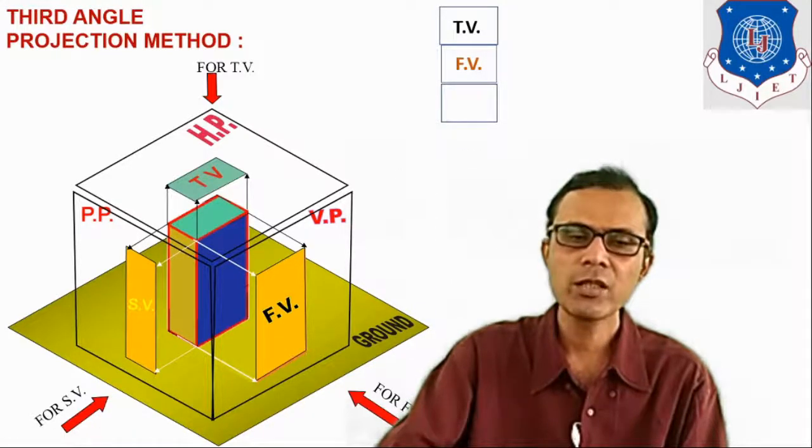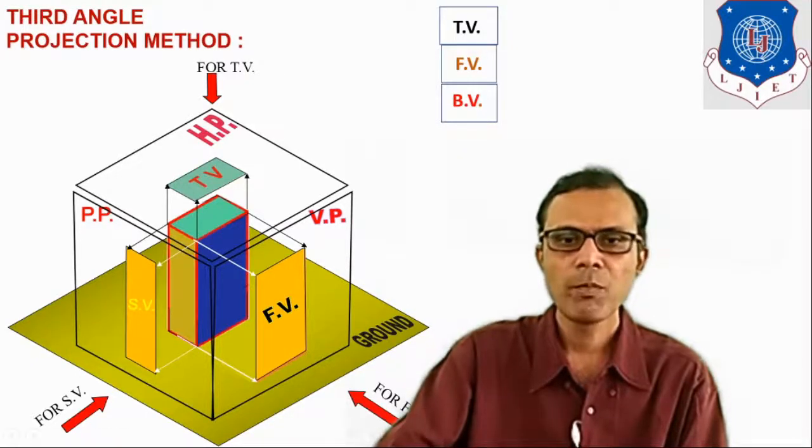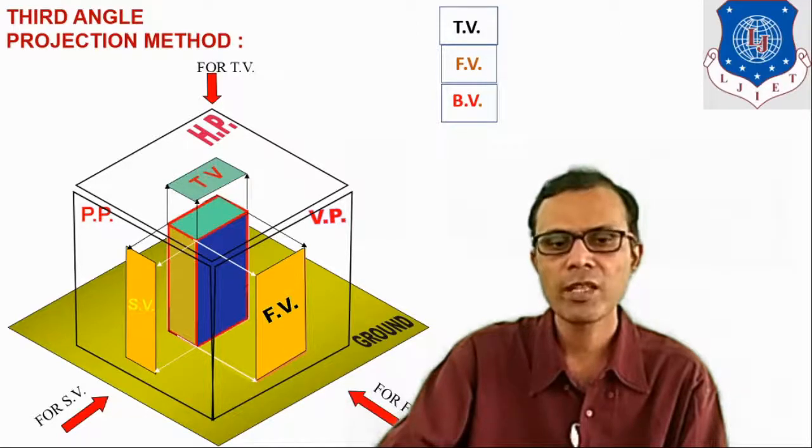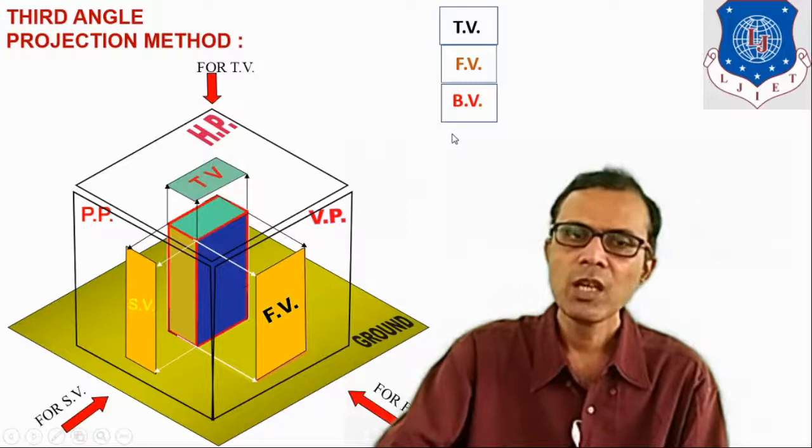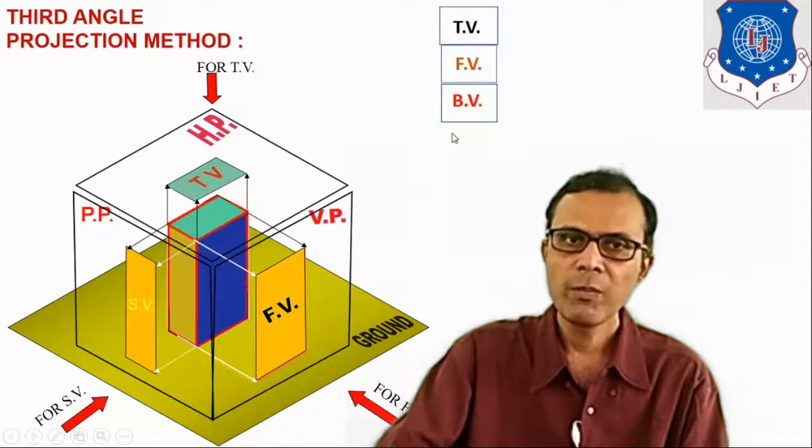If you look at the object from the bottom side, then it will be placed below the front view, because bottom view will be obtained on the plane which will be rotated. When it is rotated with reference to VP, it will move below the VP.